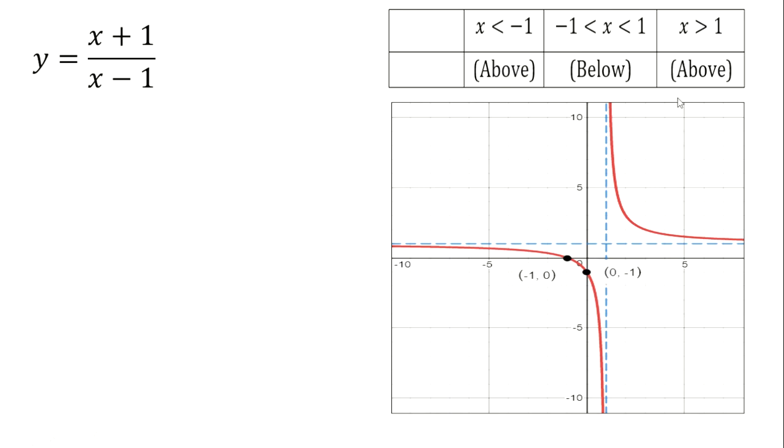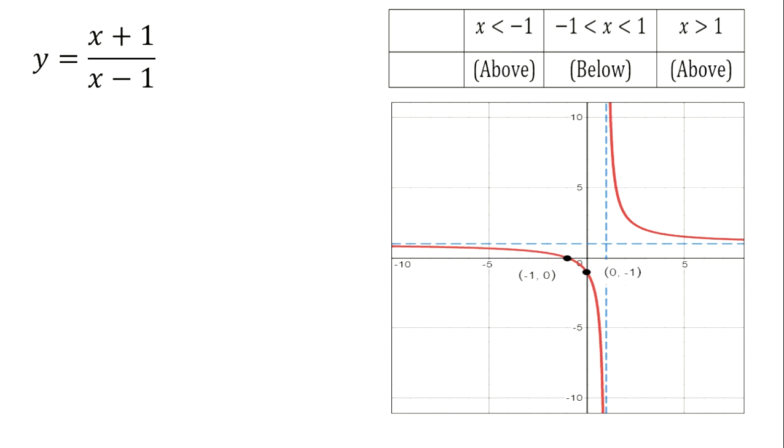And then we have our asymptotes, x equals 1 as our vertical asymptote, and y equals 1 as our horizontal asymptote. Then, last one, x is greater than 1, above the x-axis. So here we have the graph of the function x plus 1 over x minus 1.